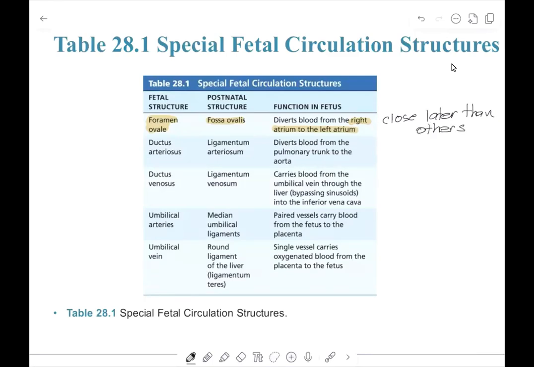The next one is the ductus arteriosus. That becomes the ligamentum arteriosum, and it diverts blood from the pulmonary trunk to the aorta. The ductus venosus, it becomes the ligamentum venosum, and it carries blood from the umbilical vein through the liver into the inferior vena cava.